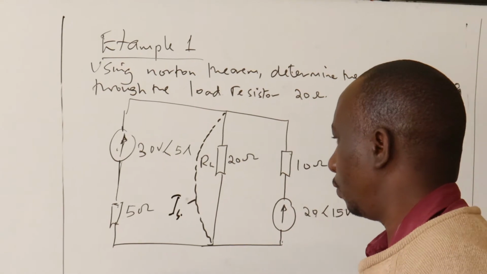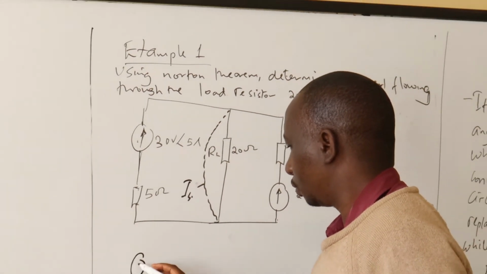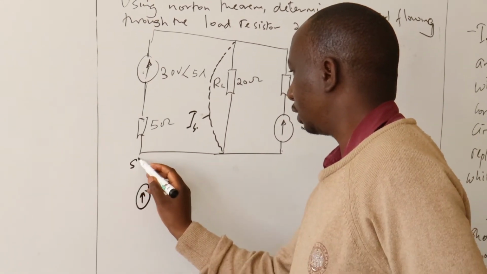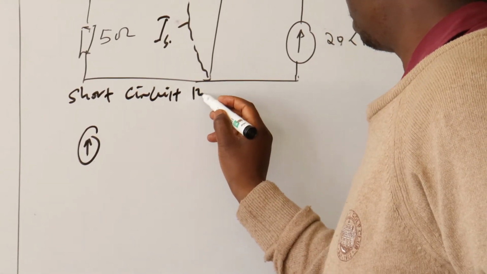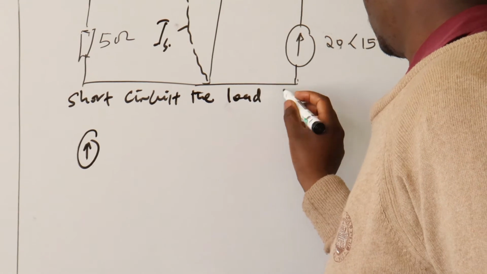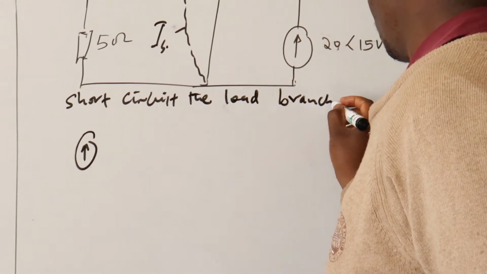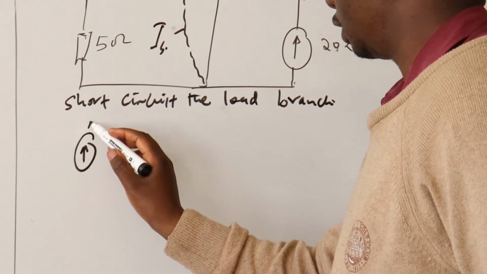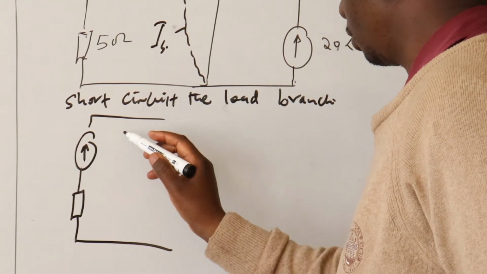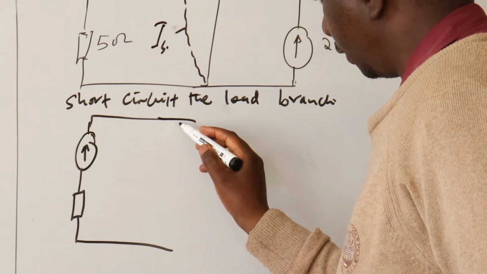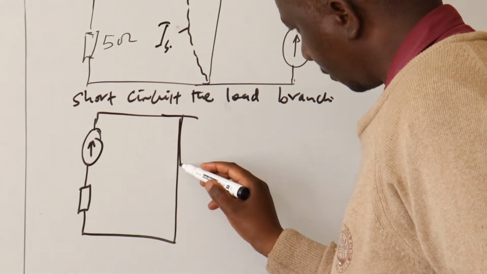So the first thing is to short circuit the load branch, and we shall have our circuit appearing this way. This is the short circuiting path.